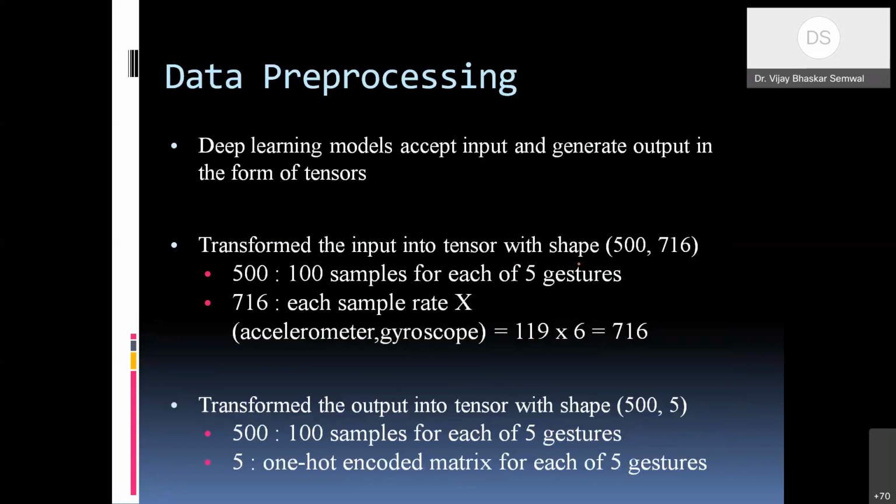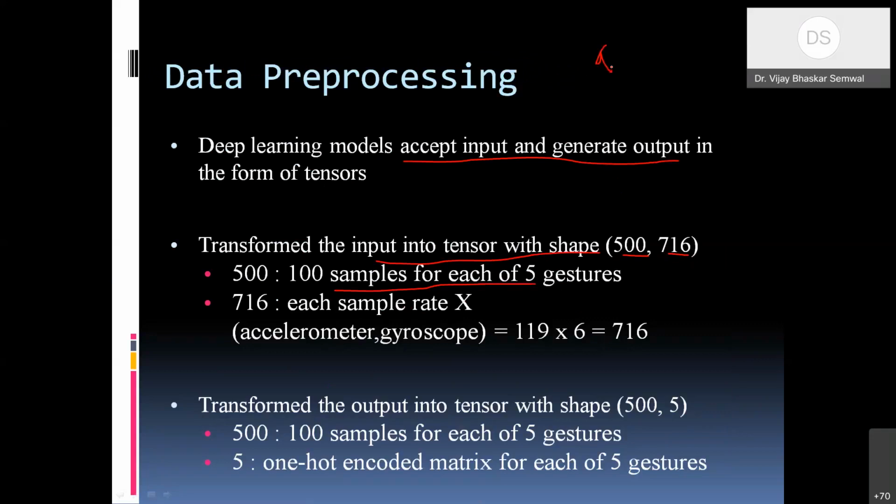For data pre-processing, we provide the deep learning model with tensor data. It accepts input and generates output in the form of tensors. The input tensor shape is 500 by 716: 100 samples for each of 5 gestures, a total of 500 gestures, and 716 values per sample.